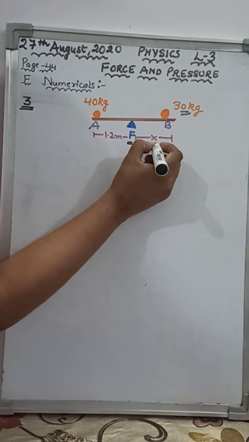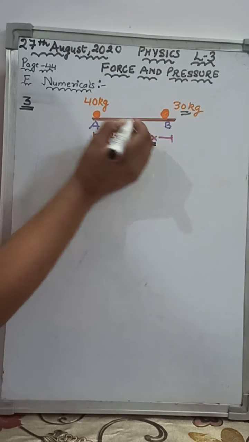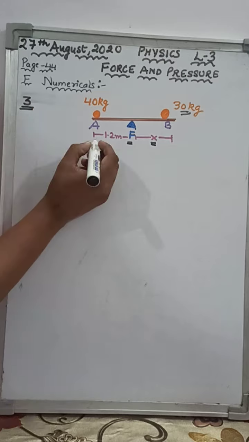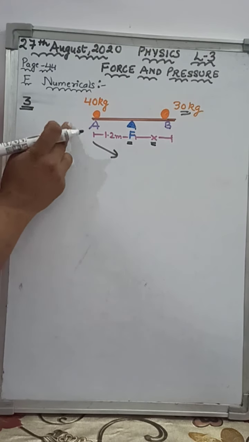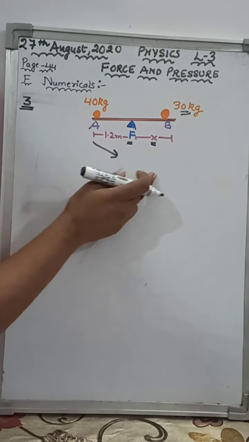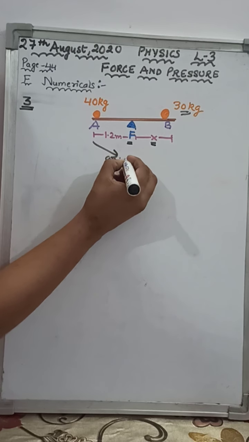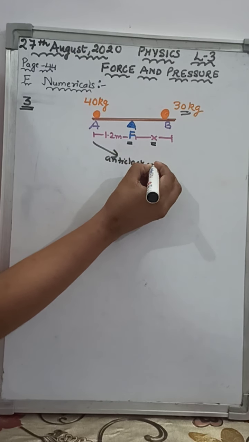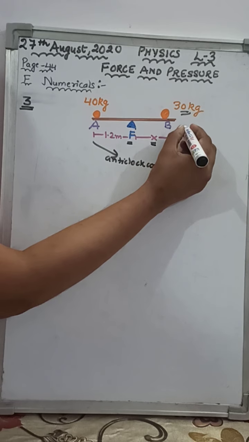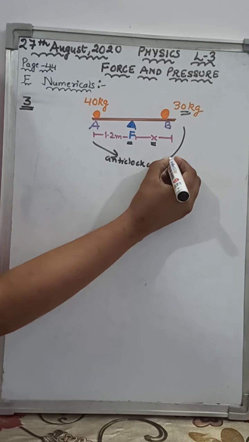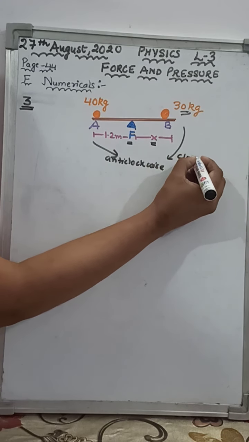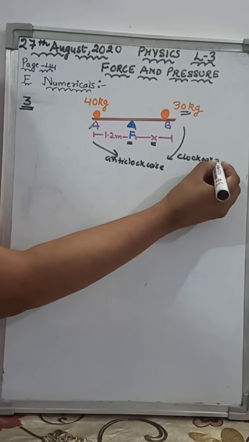So we have taken it as x from the fulcrum. Now here also we have to use the moment of force formula. So this is moving in which direction? This is going against the clock, so this is called anti-clockwise movement. And this is going toward the clock, so this is called clockwise movement.